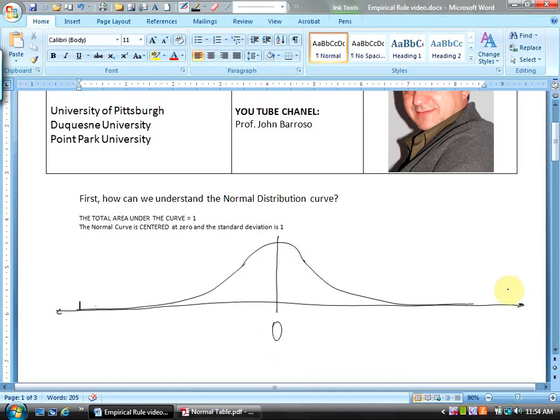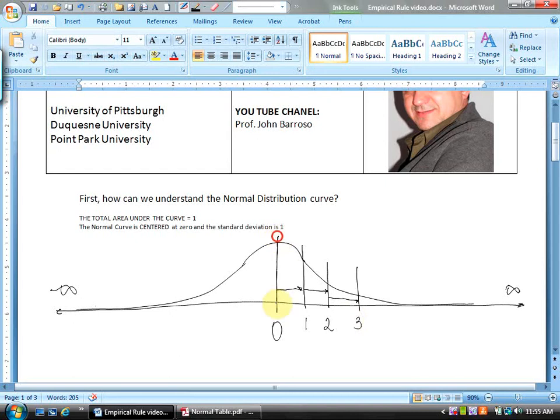Now this distribution goes to positive infinity on this side, negative infinity on that side, and every time I go one step, I say that the standard deviation is 1. I go one more, I am now on the second standard deviation on the right side, and I go one more, I am on the third standard deviation on the right side.